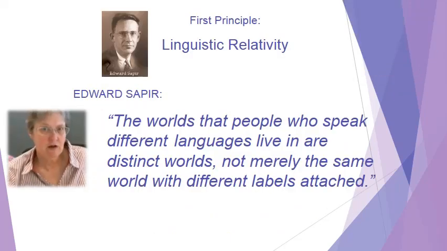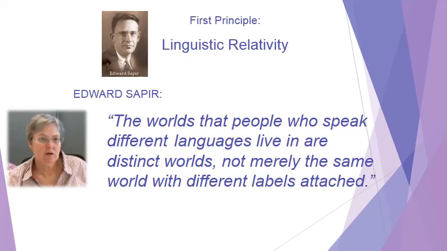Now, one of the most fundamental ideas about the relationship between language and culture, and one that has been somewhat controversial in its history over time and has come back into favor more recently with the emergence of cognitive science and our understanding of how language works within the brain to filter our perceptions and to interpret our experience, is a notion first set forth in the 1930s in any kind of real form, and actually it was floating around before that in some other modes, by a man named Edward Sapir.